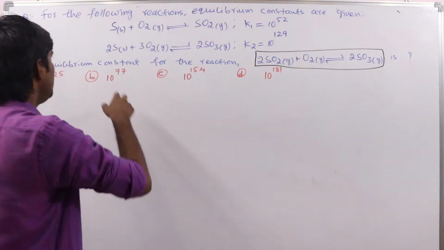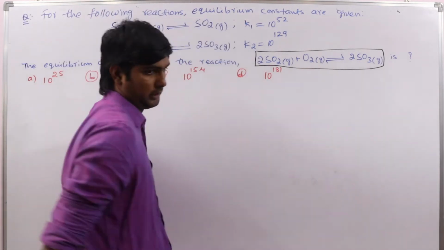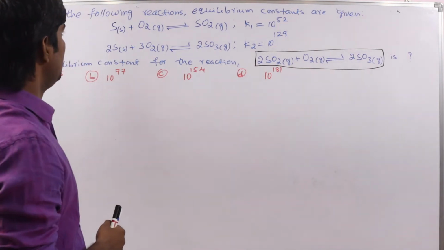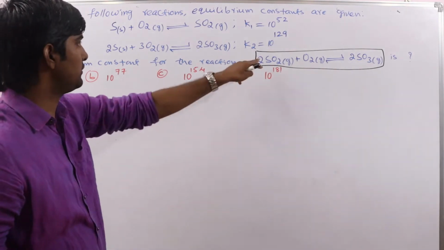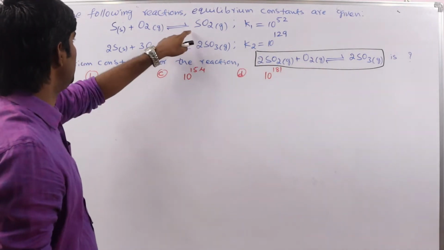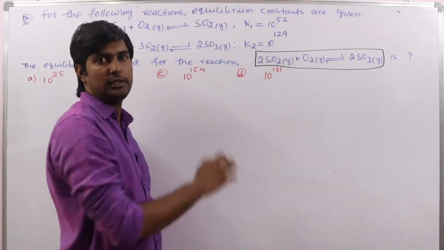Now by using these two reactions we have to get this reaction. First, identify in which of the given two reactions SO2 is present. In this reaction SO2 is present. This reaction is identified.